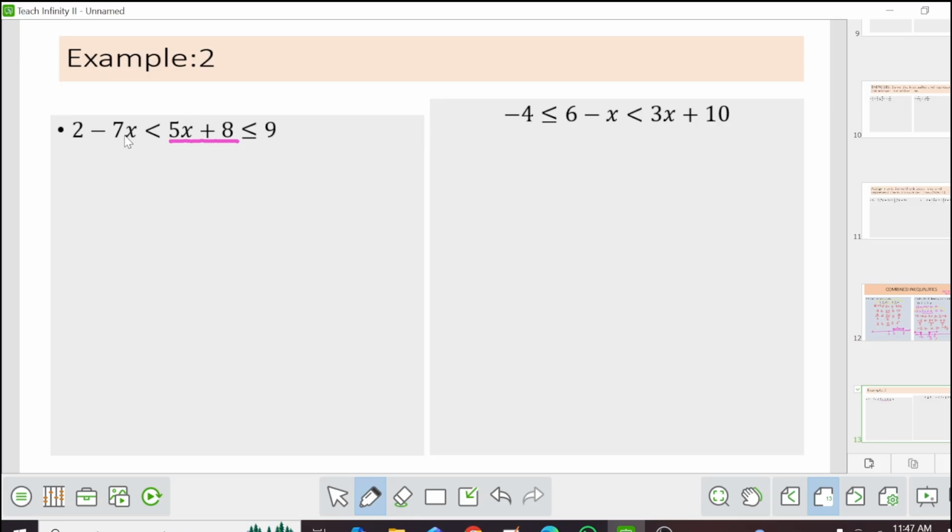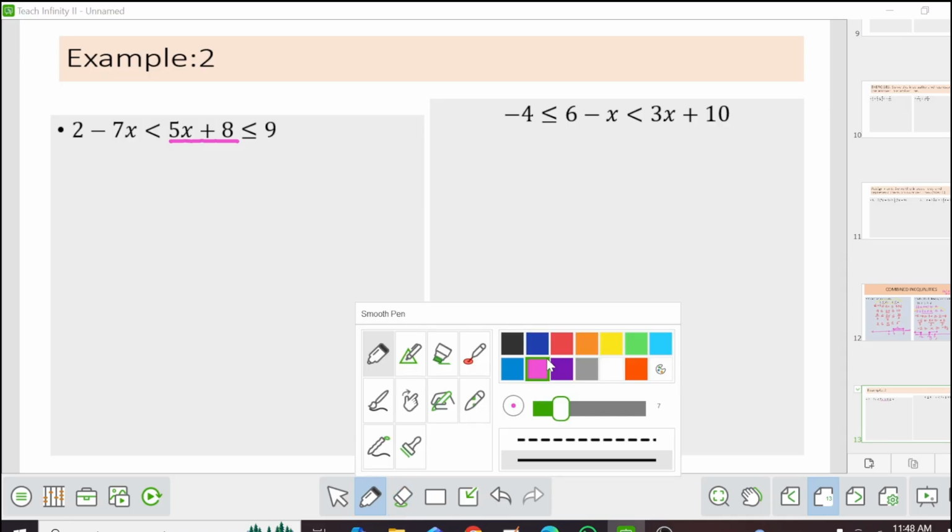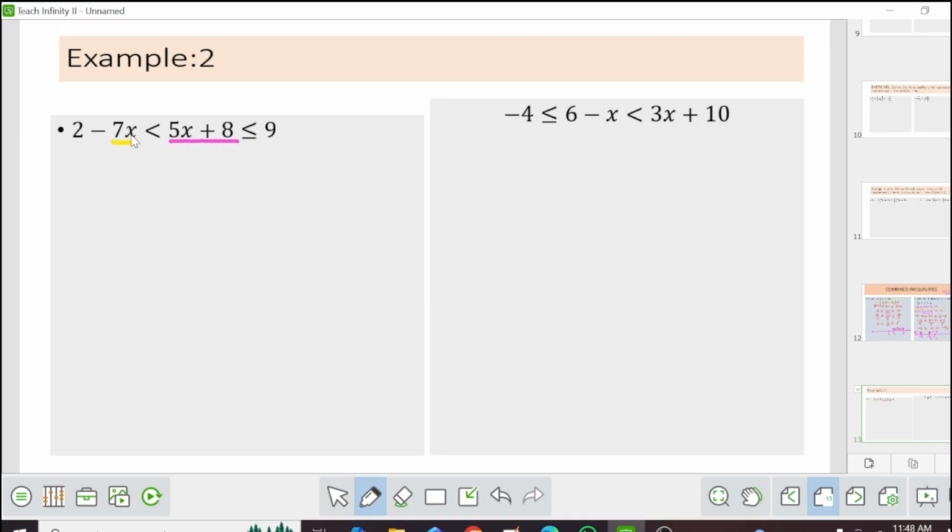But whenever you have one of the variables outside the center, it is not advisable to force the variable inside like this, because this variable at the center is a combined variable that has a share at this side and a share at this side. But this variable here is only for this side.